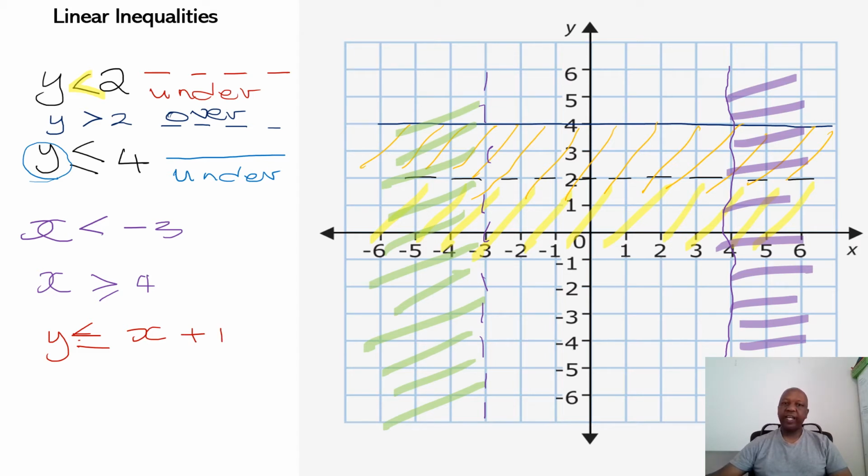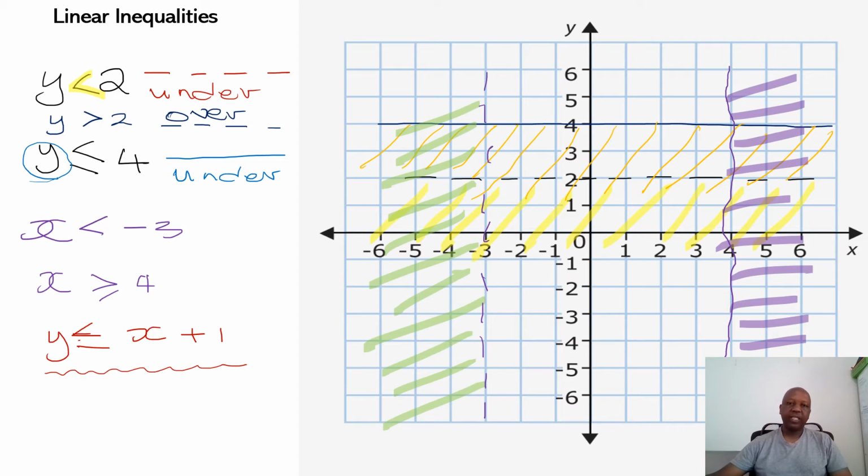We want to find this region here. First thing we would do, we want to sketch this graph just like we would sketch a linear equation. This one we can do very quickly. You can find your intercepts, or you can sketch this using your slip and slide method.